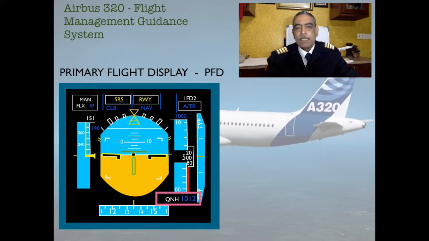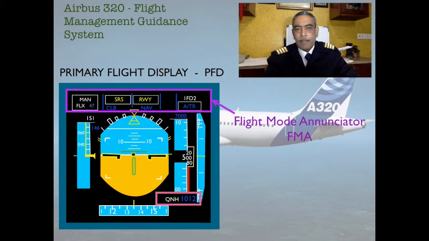Of course, the QNH selection is also possible, as has been shown in the picture. Now, I will bring your attention to the topmost portion of the primary flight display. In this topmost portion of the display, there are some lines and displays which are possible.